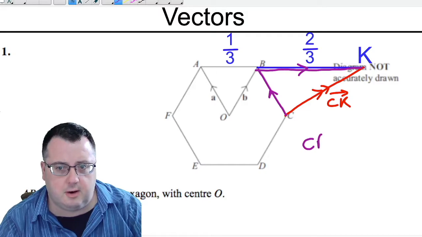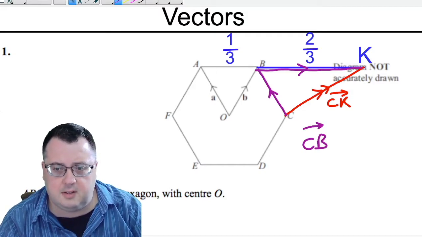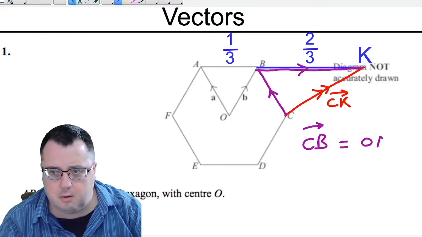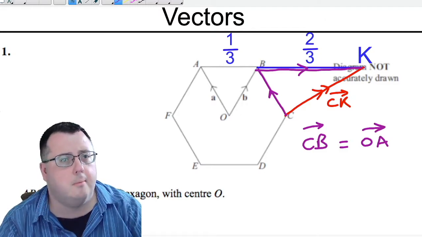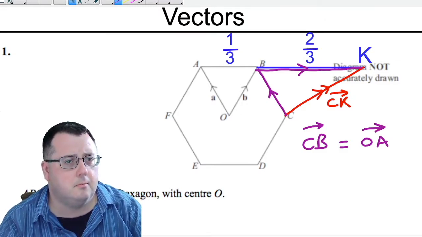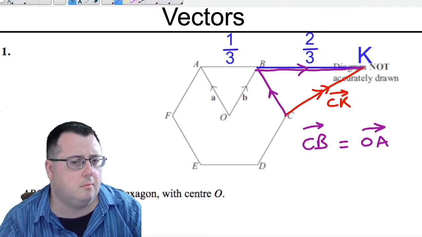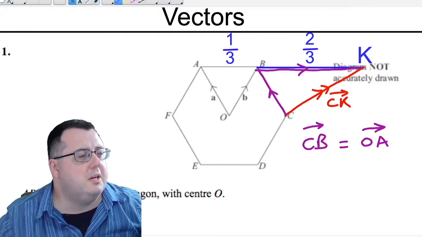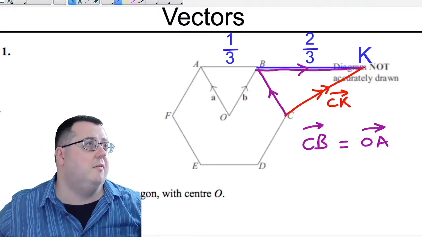Can you spot the relationship between CB and OA? Why is that statement true? CB equals OA.